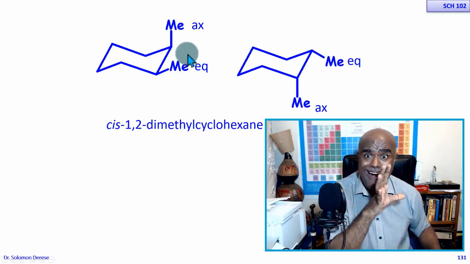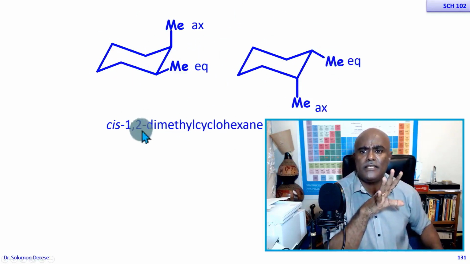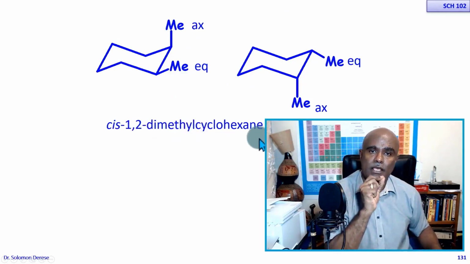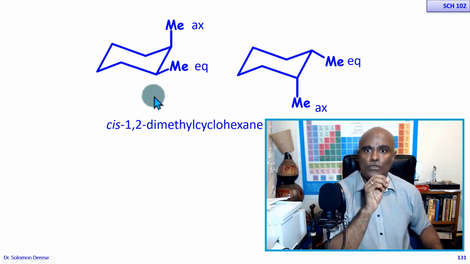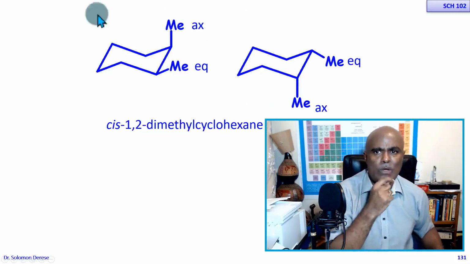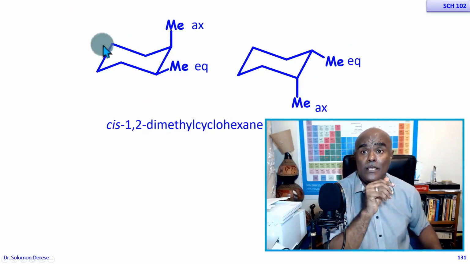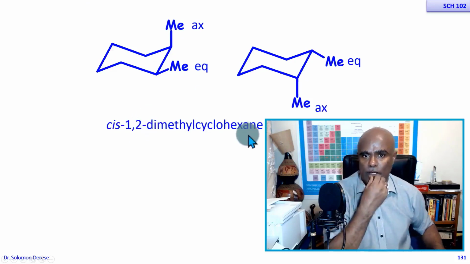So these two are in equilibrium with each other. They represent the same molecule, cis-1,2-dimethylcyclohexane. This equilibrium is something that cannot be avoided. These two are always in equilibrium. You cannot separate one from the other. You will always find an equilibrium mixture of cis-1,2-dimethylcyclohexane.